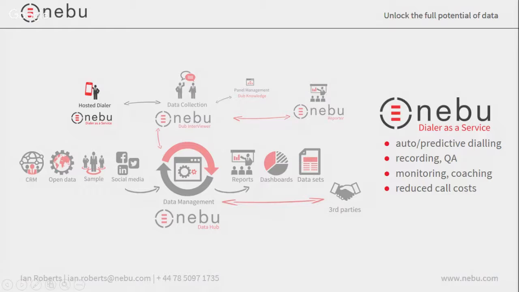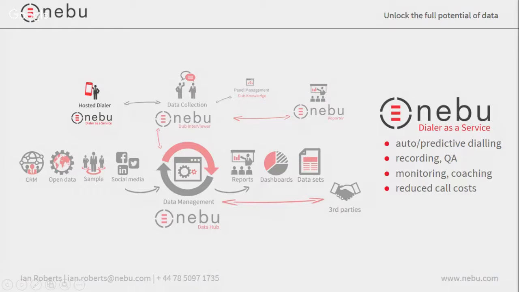You can use that to monitor and coach the agents you've got in field by listening to them and, according to the regulations, also talking to them, coaching them in real time while they're surveying and interviewing. All of that means you're reducing the core costs.